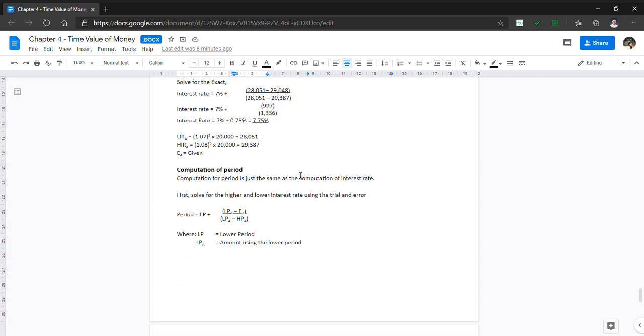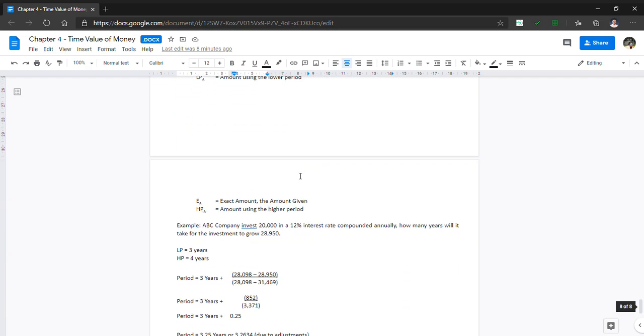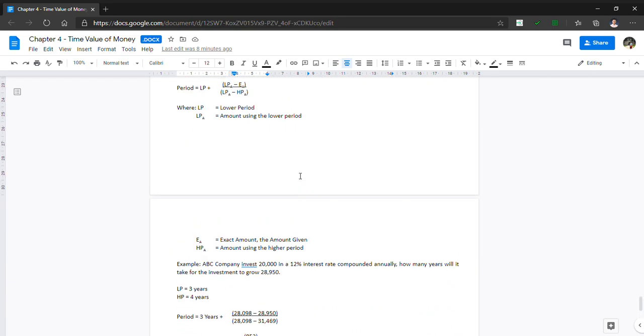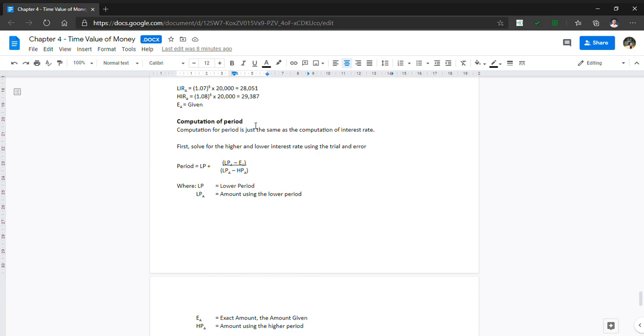So, ganun. And last topic natin for 2020 is yung computation of period. Okay, so, the same lang din naman ang computation ng period sa computation of interest rate. The same formula lang din, pero instead of using interest, you need to use the amount using the period.